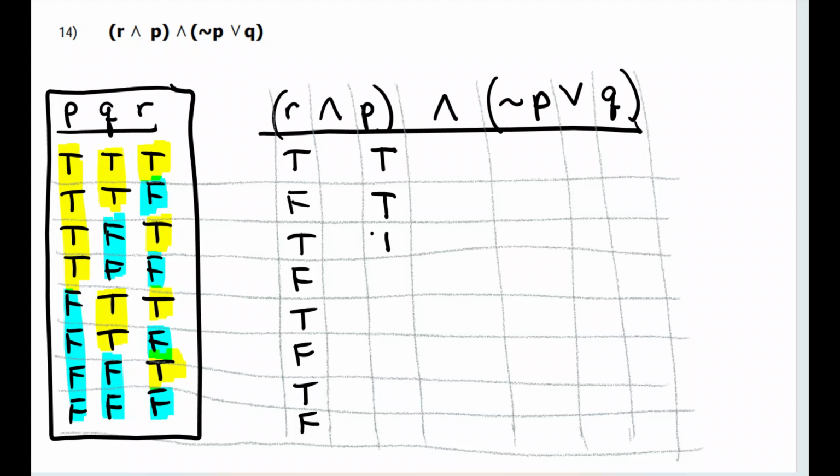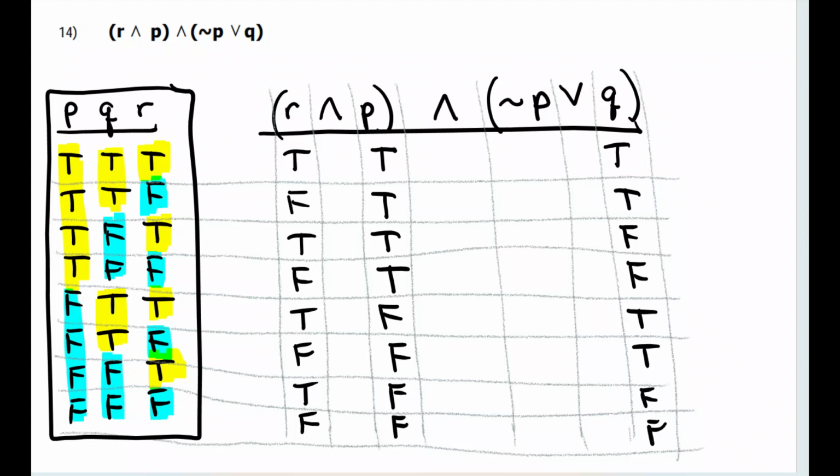And then P, this one's a P, so it is 4 T's and 4 F's. And then I have a Q down here, and that is 2 T's, 2 F's, 2 T's, 2 F's. And that's all the copying I can do.